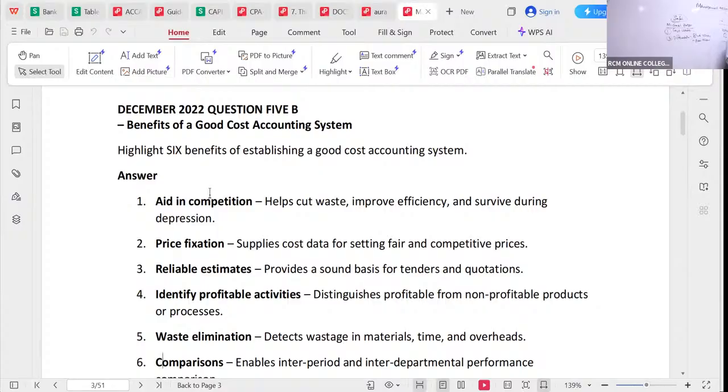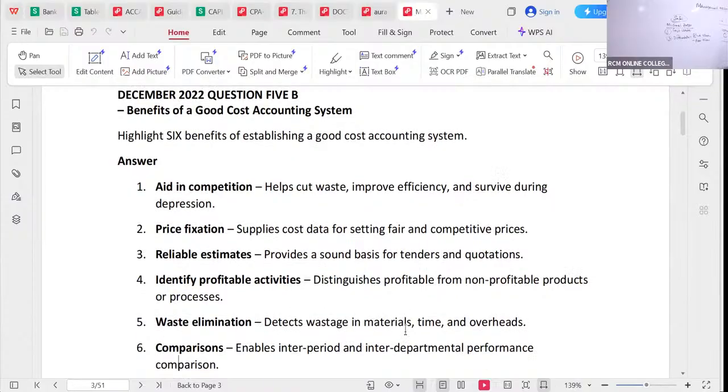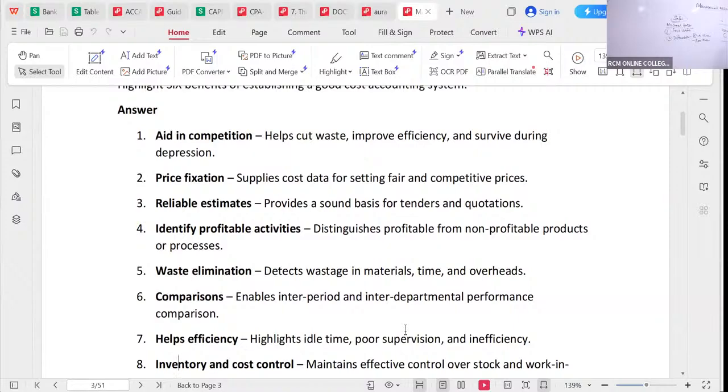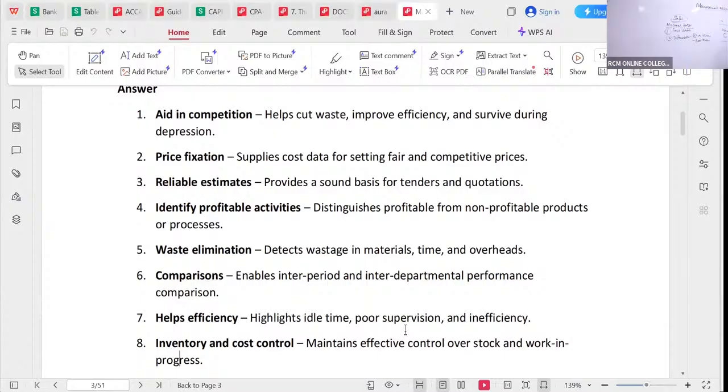So reliable estimates provide a sound basis for tenders and quotations, identify profitable activities, distinguish profitable from non-profitable products, and help with waste elimination. They detect wastage in materials, time and overheads, enable inter-period and interdepartmental performance comparison, help efficiency, and highlight idle time of employees, poor supervision and inefficiency.